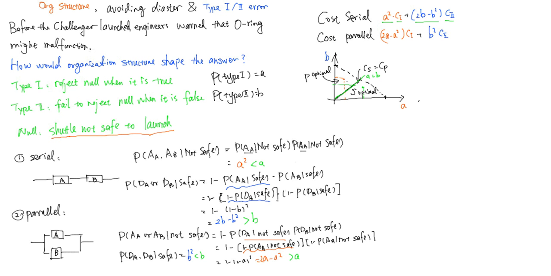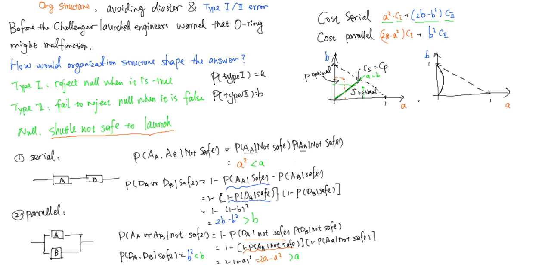That means you have to waste all the preparation fee that you spend on maintaining the shuttle and getting ready to launch. But in this case, still, the cost of type 1 error will be way larger than the cost of type 2 error. And in the simplest way, we can draw the graph like this.